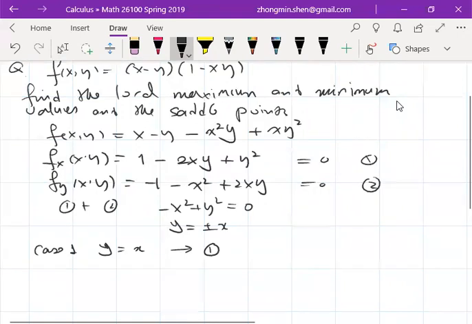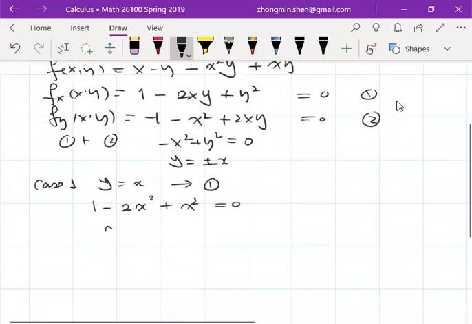Okay, go to the first equation, 1 minus 2x, y is x, so x squared plus x squared, which is going to be, right, x squared equals 1. So that implies x equals plus minus 1. So then y is also plus minus the same value, same sign. So you can quickly get those.